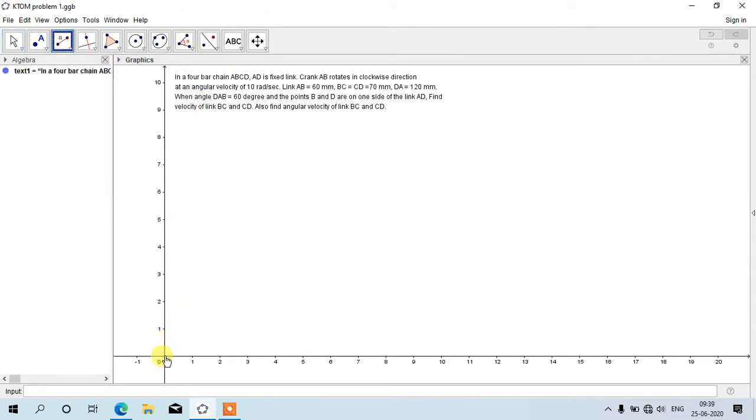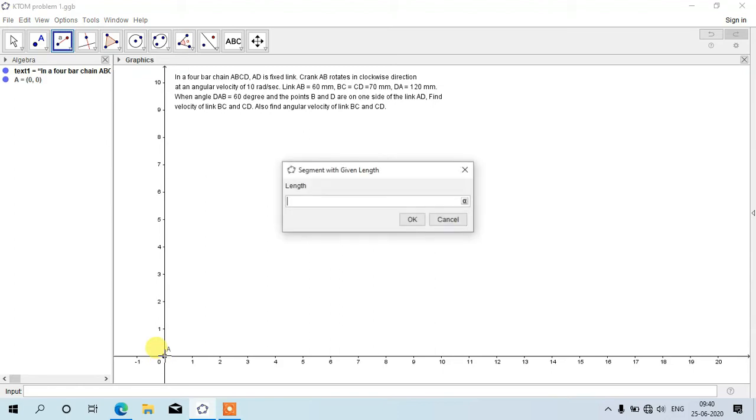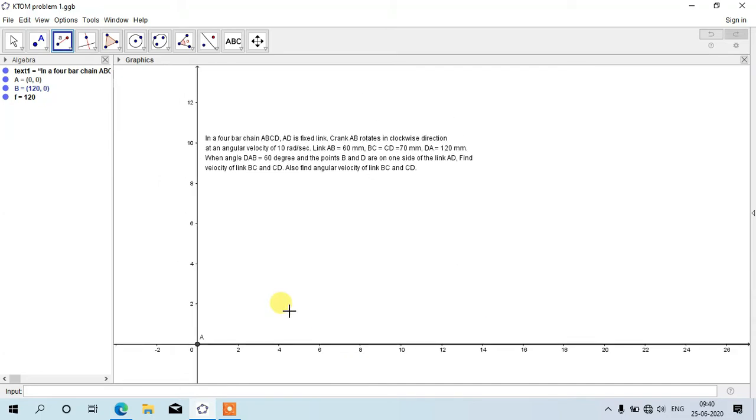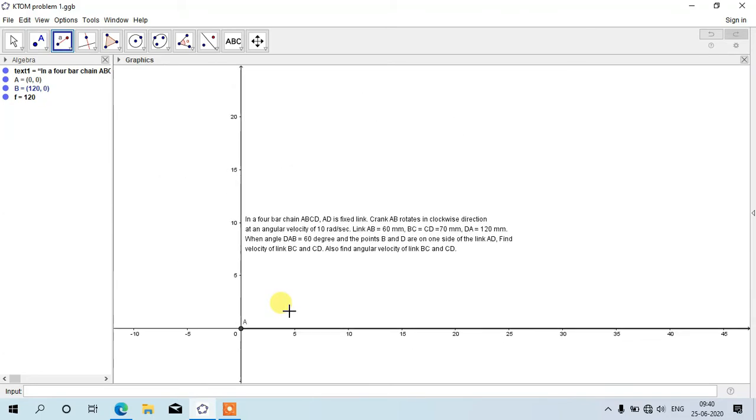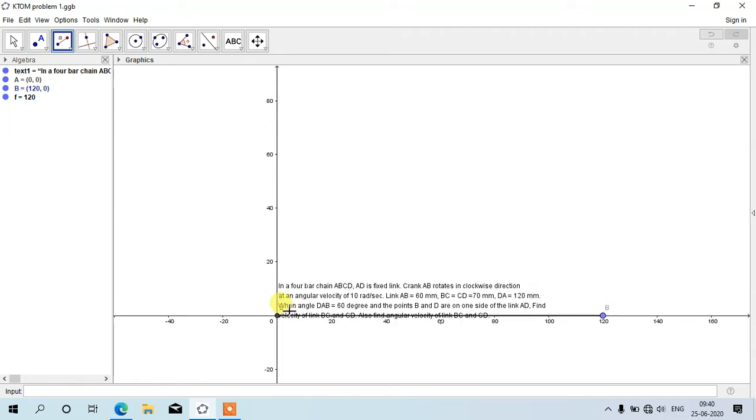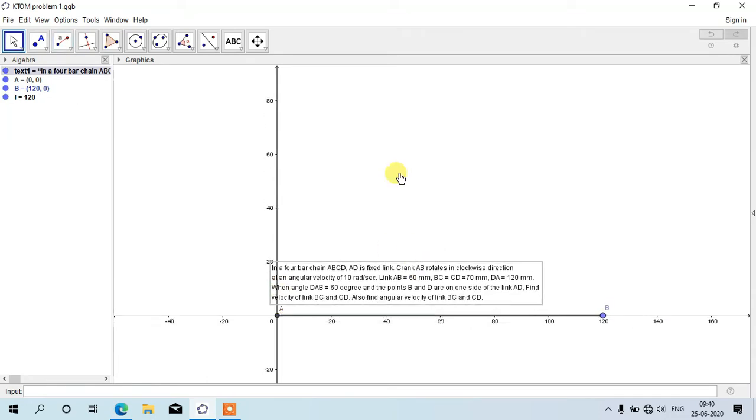First we will draw the fixed link, and the length of the fixed link is given as 120 mm. So we will draw the link of length 120 mm. You have to draw it with the help of a scale. 120 mm. Position it.